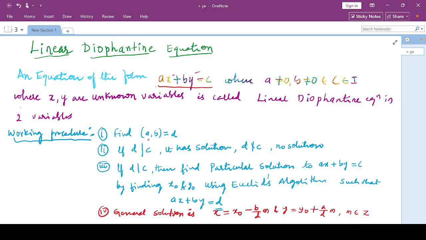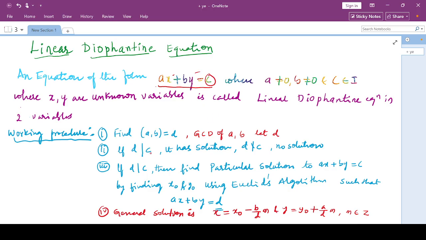First, find the GCD of two numbers a and b. Let us take the GCD of a and b as d. Then check whether d divides c.